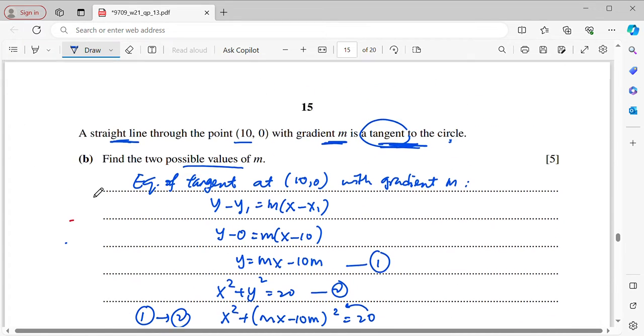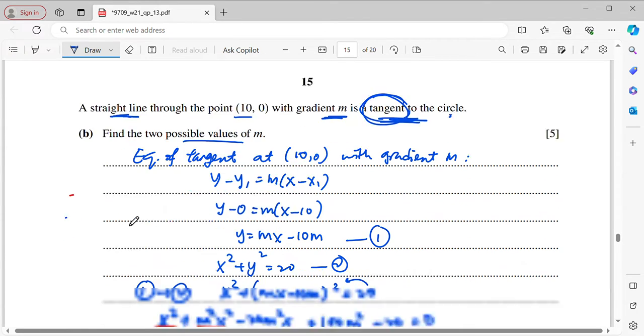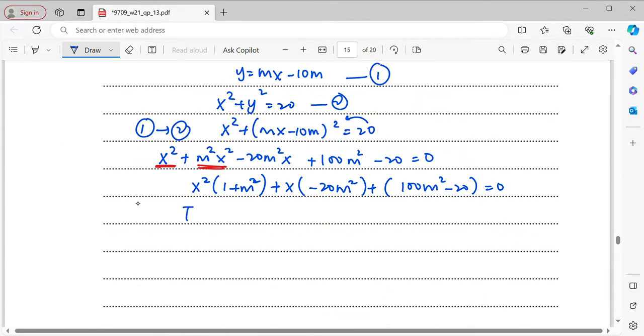And now, to get tangent, we know that there will be just one intersection point. Okay, tangent means b squared minus 4ac equals to 0. So before that, I will just write down my a is going to be 1 plus m squared in the quadratic equation, b equals to negative 20m squared, and then c equals to 100 m squared minus 20.